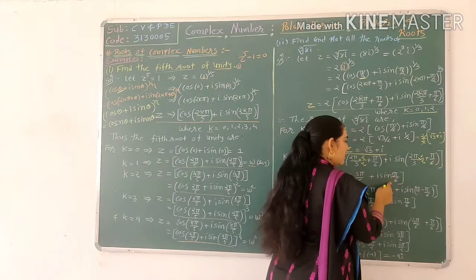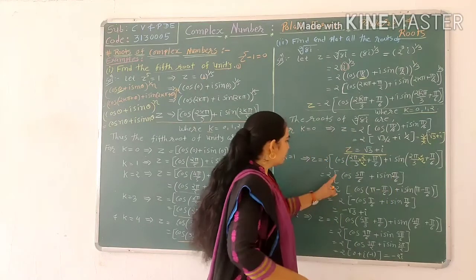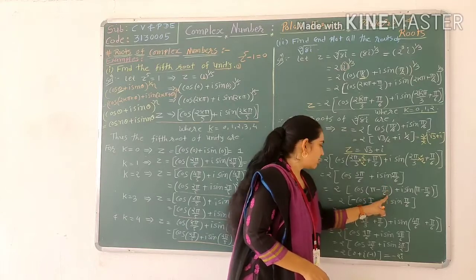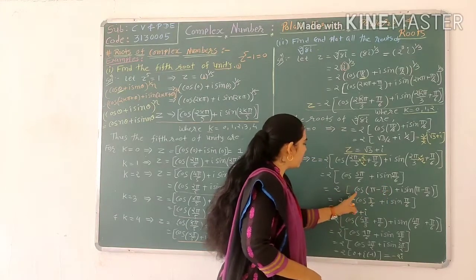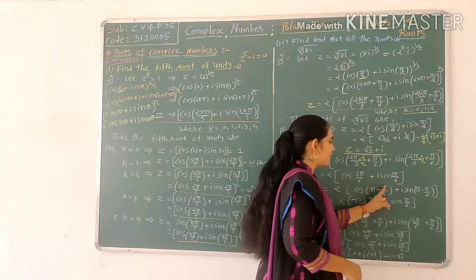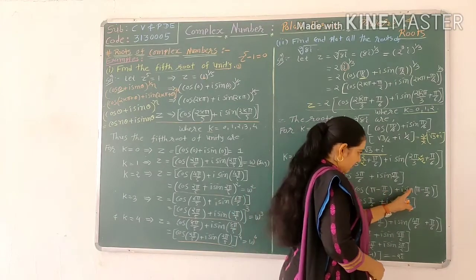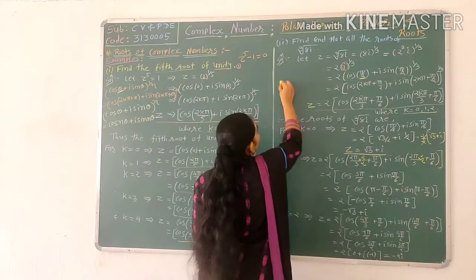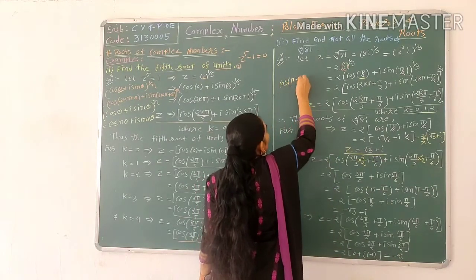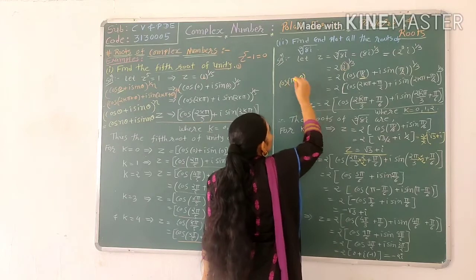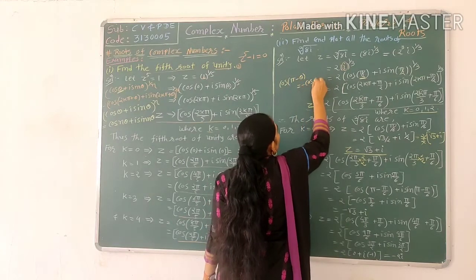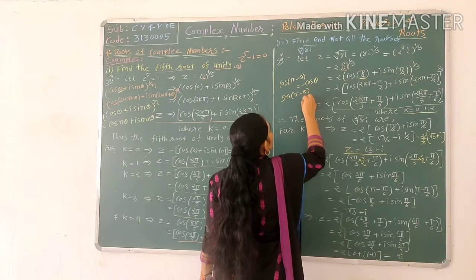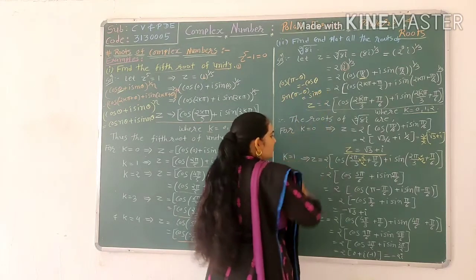Now, 5π/6 can be written as π minus π/6. Therefore, 2[cos(π − π/6) + i sin(π − π/6)]. Now we know that cos(π − θ) is equal to minus cos θ and sin(π − θ) is equal to sin θ.